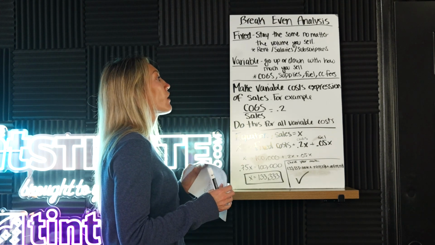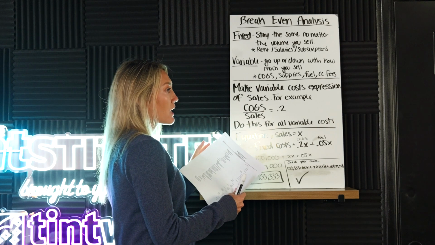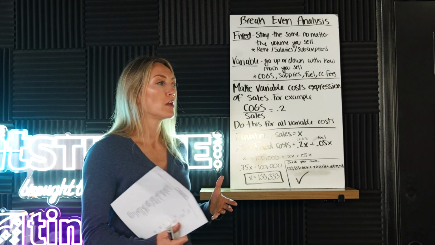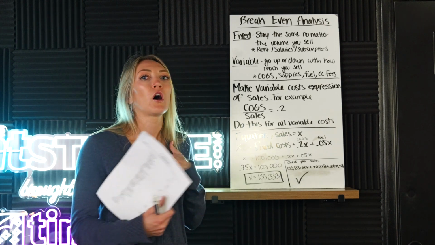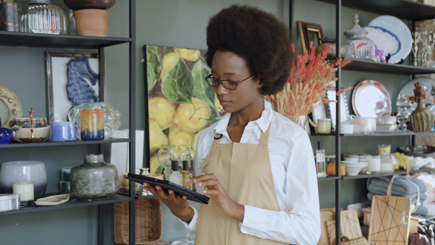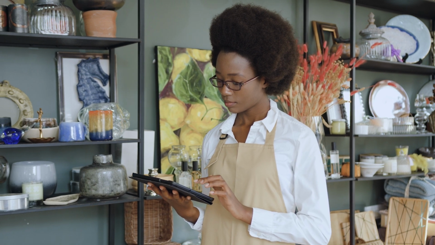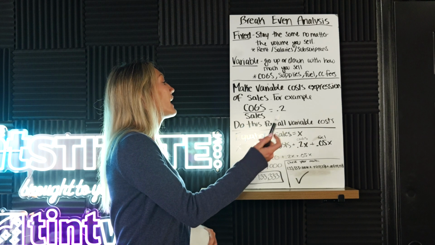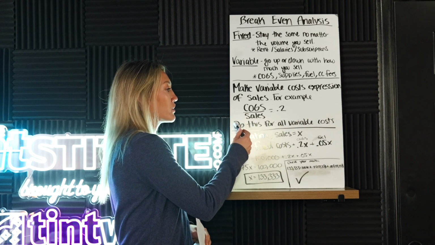Then you want to make all of your variable costs expressions of your total sales. How do you do that? So like I said, the most common variable cost is cost of goods sold. So for this particular example, I am going to use $20K annual cost of goods sold and a total annual sales of $100,000.